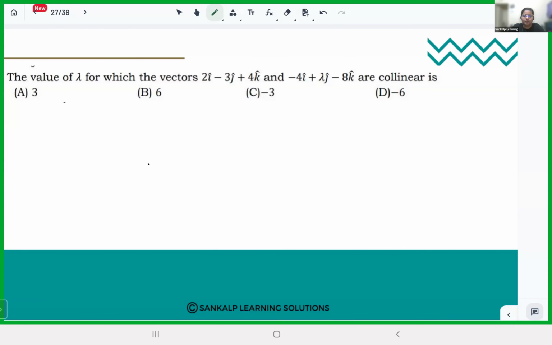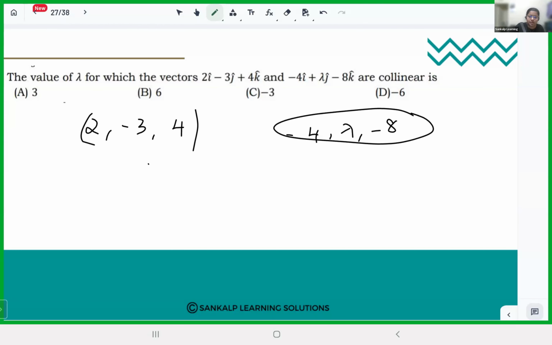If two vectors are collinear, then their direction ratios will be proportional. The direction ratios of the first vector are 2, minus 3 and 4. Similarly, the direction ratios of the second vector are minus 4, lambda and minus 8.